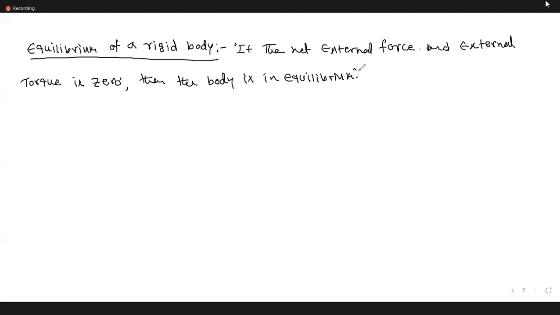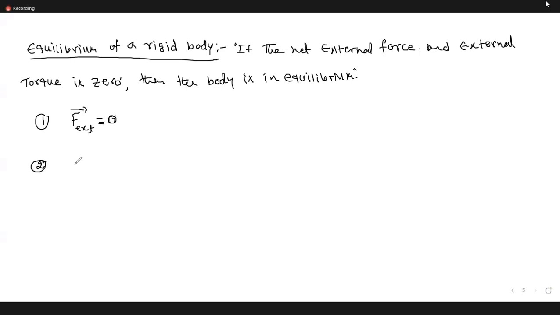The first condition is F external equals 0 for the total on the rigid body. Even the force due to each particle is also included.